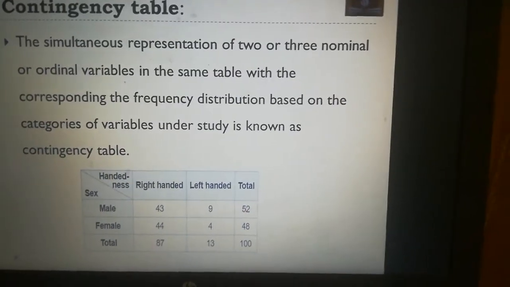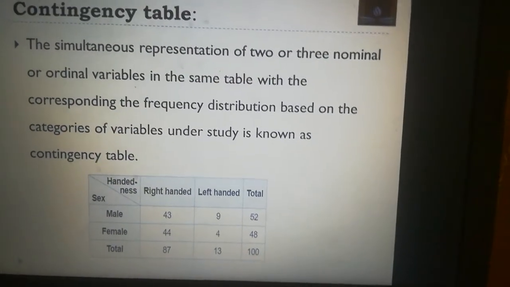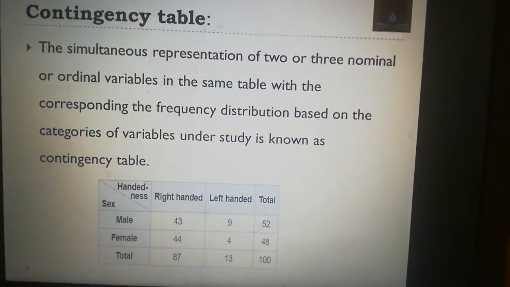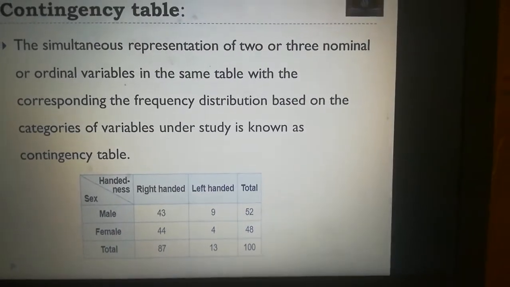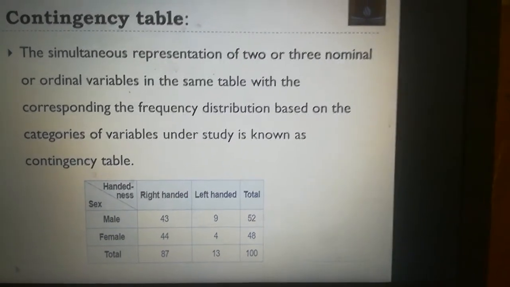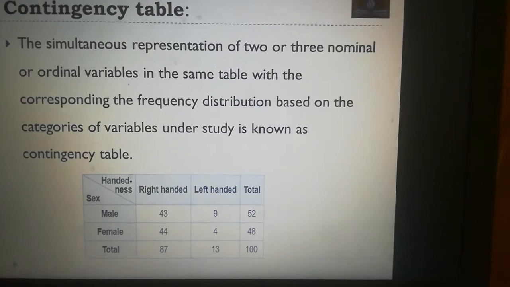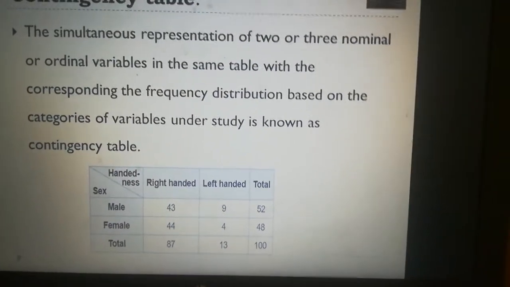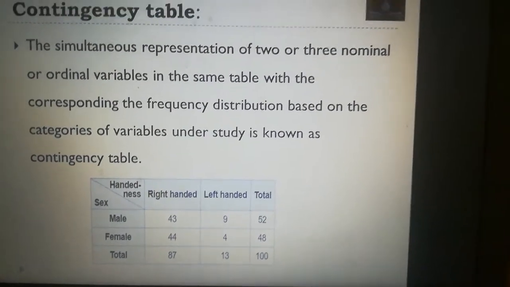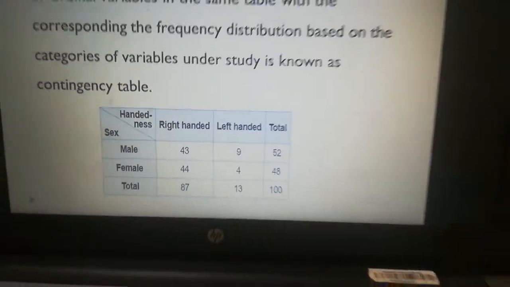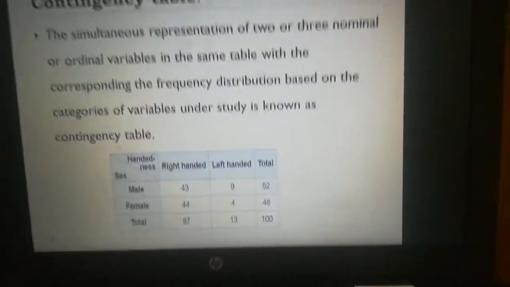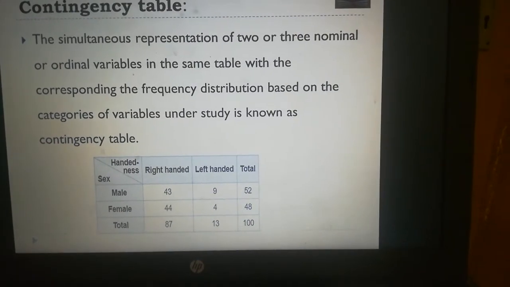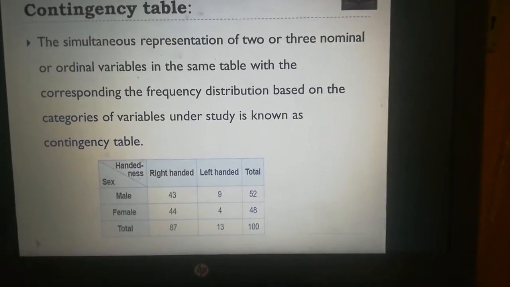So here in this table we could see male and female, and on the other hand right-handed and left-handed. So here 2 variables are represented. One is sex, male or female. On the other hand, right-handed people and left-handed. From this table we get that out of 100, how many right-handed males? 43. How many left-handed males? 9.